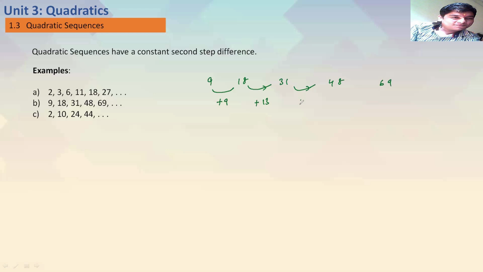What is the second step difference then? This is plus 4. Very good. Plus 4, then you divide it by 2.